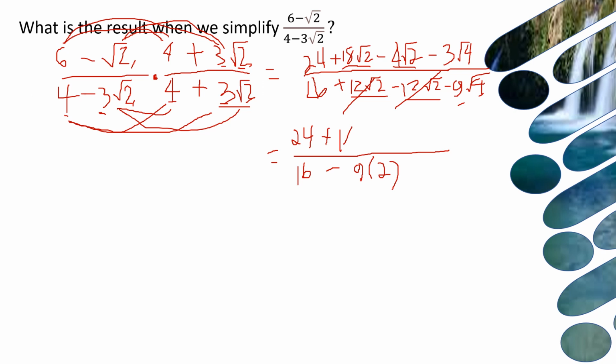We get 14 because 18 minus 4 is 14, and attach the common radical, which is square root of 2, minus here we have 3, and the square root of 4 is 2. Then simplify. In the denominator, we have 16 here minus 9 times 2 is 18.